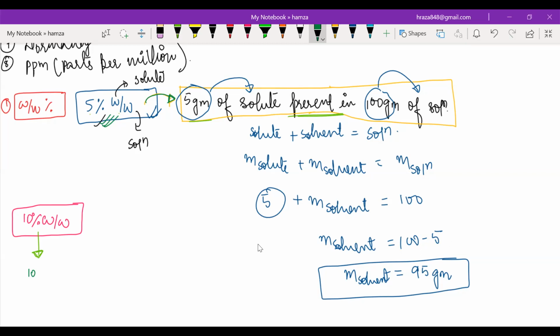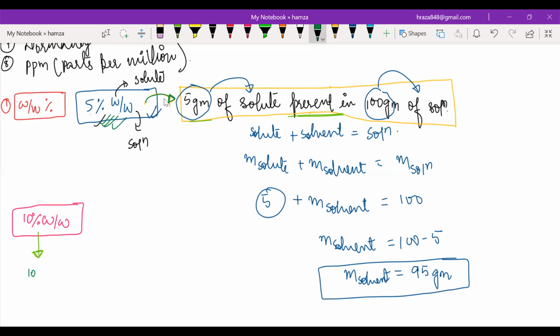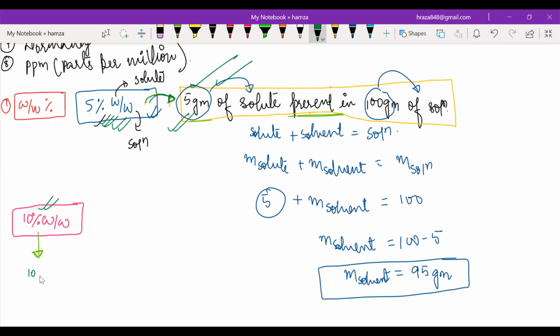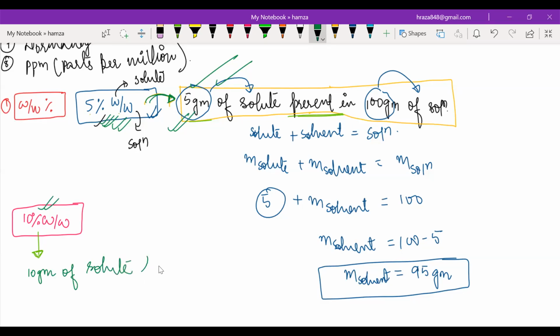No, no, no. I am telling you that for 5% weight by weight I wrote a whole sentence. I want you to write a sentence about this in the same way that I wrote here. Oh, okay. So it will be 10 gram of solute present in 100 gram of solution.